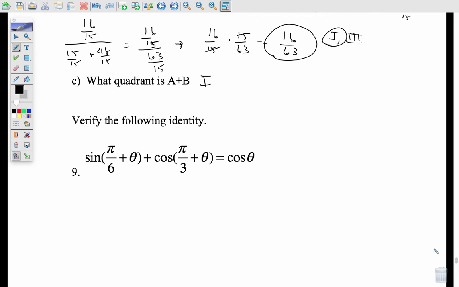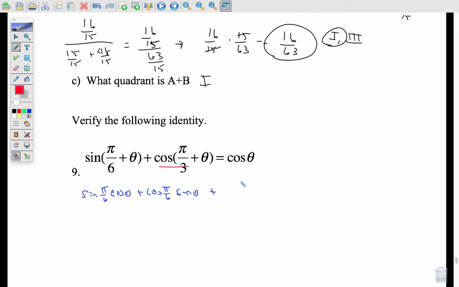And of course, we cannot let one of these lessons end without an identity. So we're going to verify the sine of pi over 6 plus theta plus the cosine of pi over 3 plus theta simplifies down to be cosine theta. Notice we have two sum formulas here, so I'm going to expand each of those out.